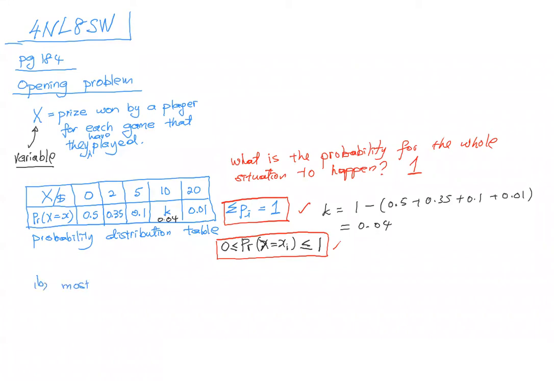Most likely is equivalent to with highest probability. So what is the one?